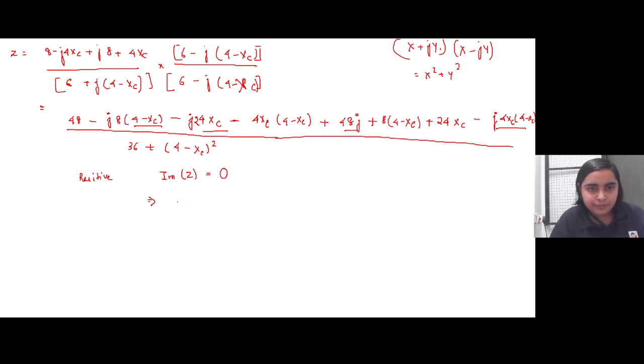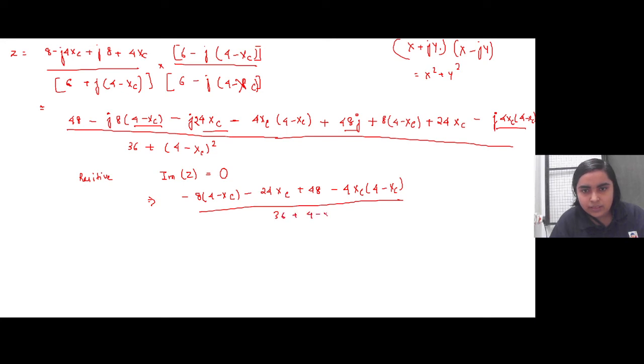So it will be minus 8 into 4 minus xc minus 24xc plus 48 and minus 4xc times 4 minus xc, by 36 plus 4 minus xc square, and this is 0. This denominator we can take to the other side, so we will only have the numerator: 32 plus 8xc minus 24xc plus 48 minus 16xc plus 4xc square equal to 0.